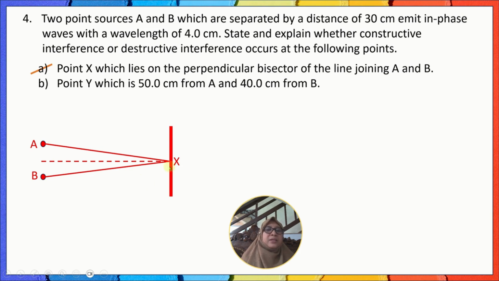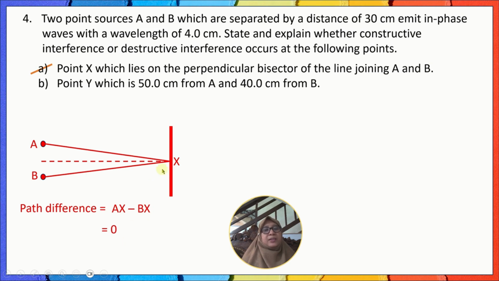That means the phase difference at X is equal to 0. They reach here at the same phase, so the phase difference is 0. AX minus BX will be equal to 0.